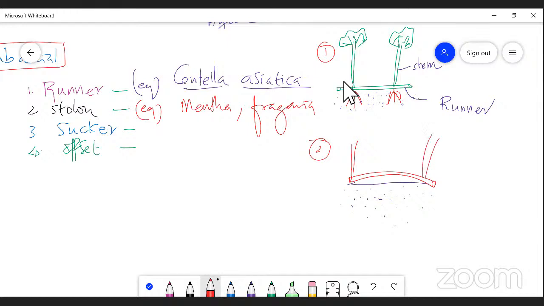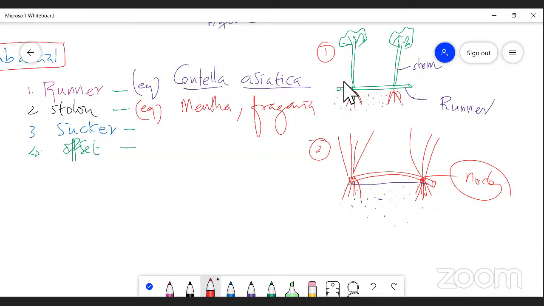Now this is a plant category, right? It also gives rise to a root towards the soil. But to form the adventitious root system, it arises from a specified region called the nodal region or node, from which the branches of the plant arise and the primary plant grows again.